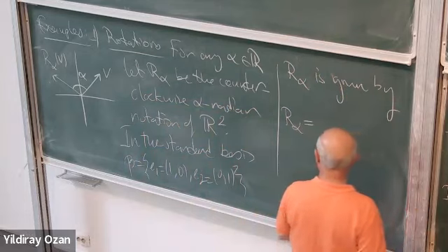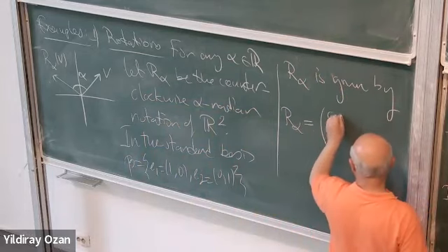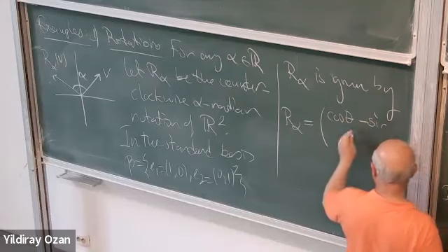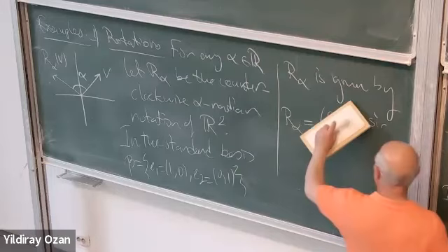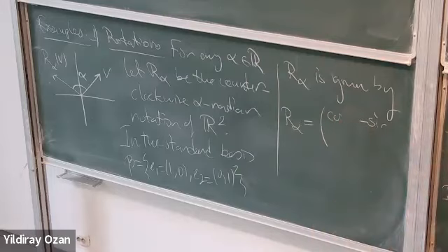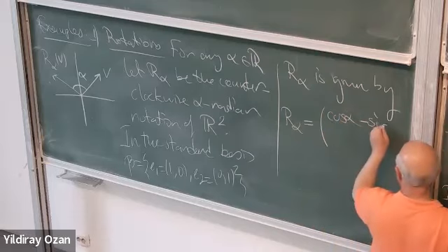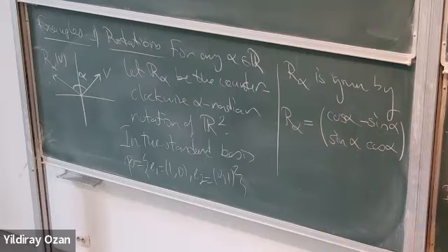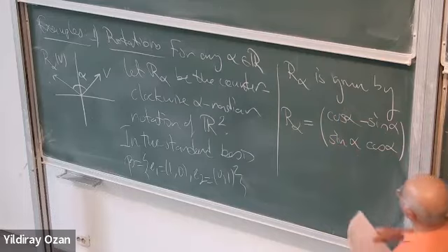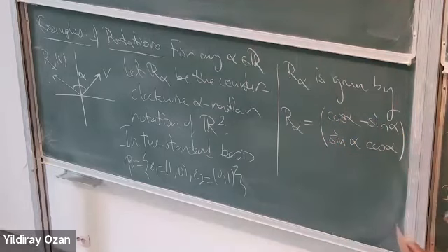Şöyle: cosine alpha, minus sine alpha, sine alpha, cosine alpha. It's given like this. This is orthogonal. Why is that?